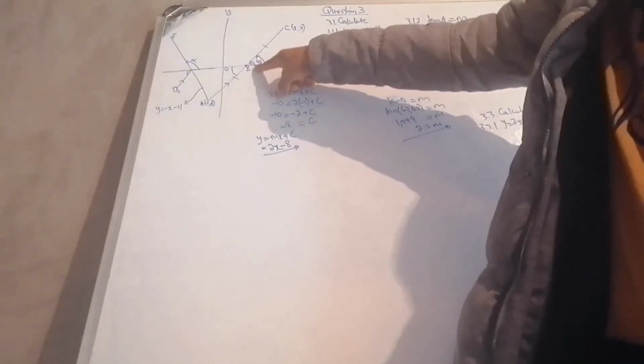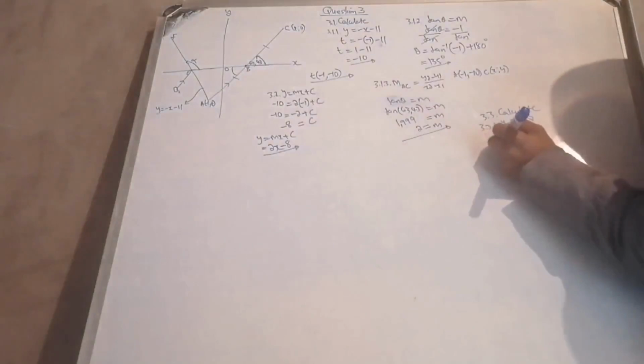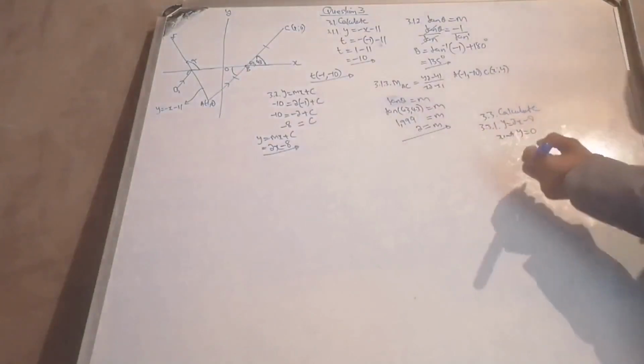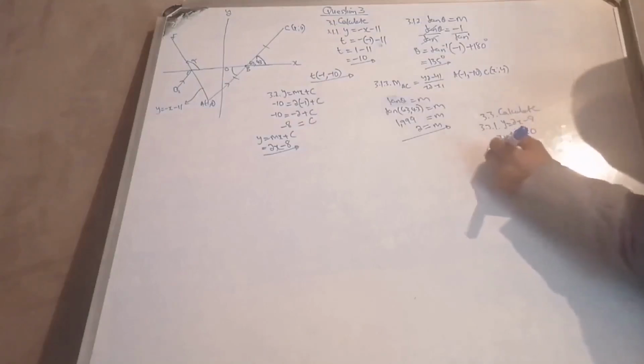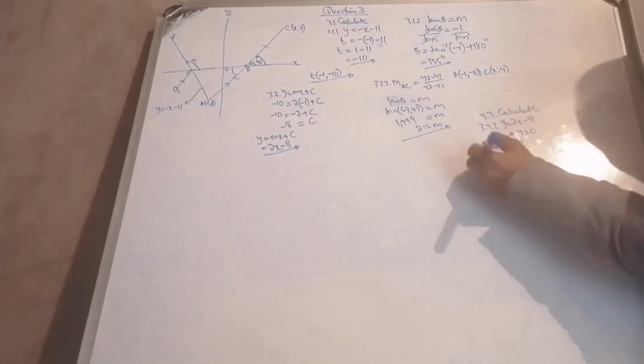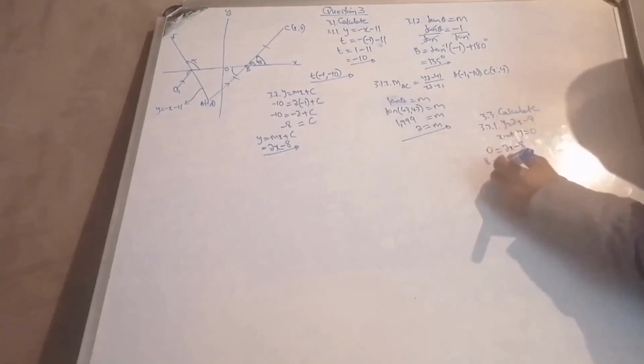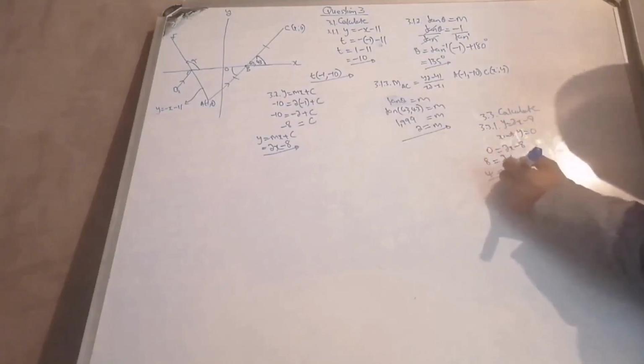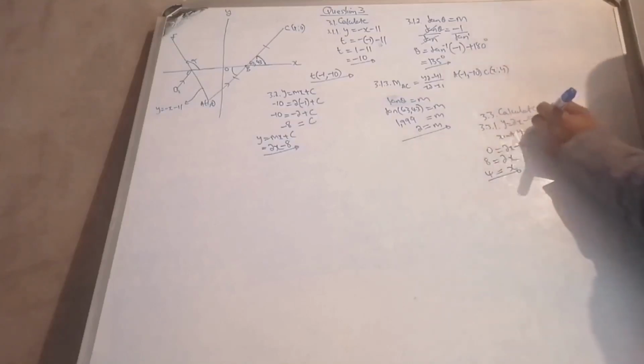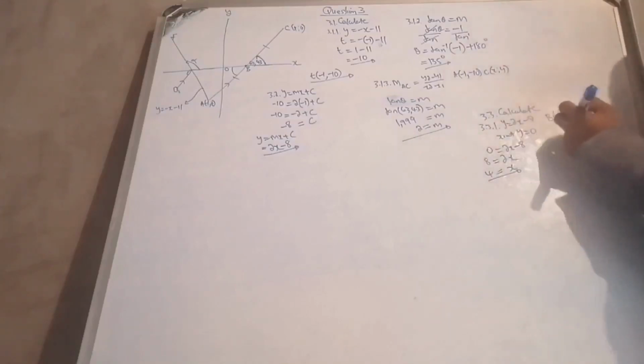So for x-intercept, because I have the equation of that line, I know that y is equal to 0. So 0 equals 2x minus 8. 8 equals 2x, and your x is 4. Now I have the coordinates of B as 4 and 0.